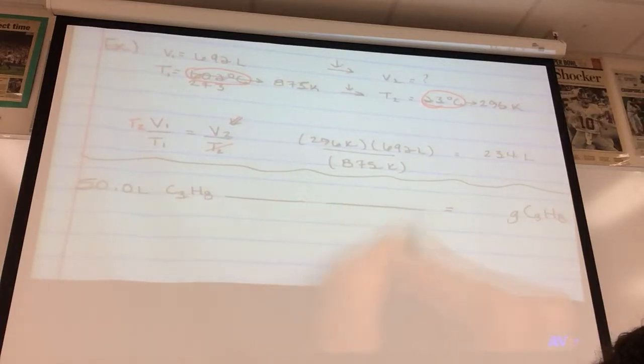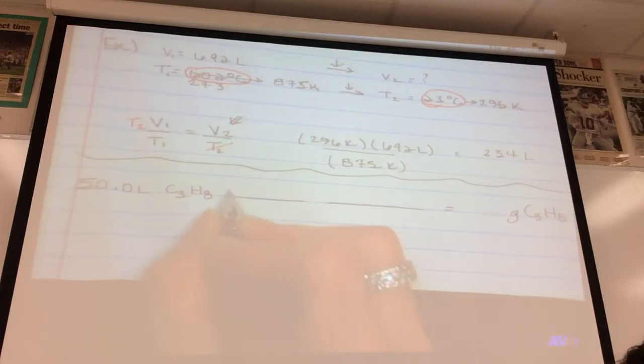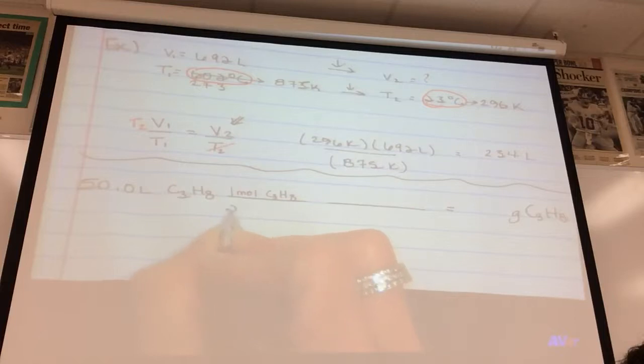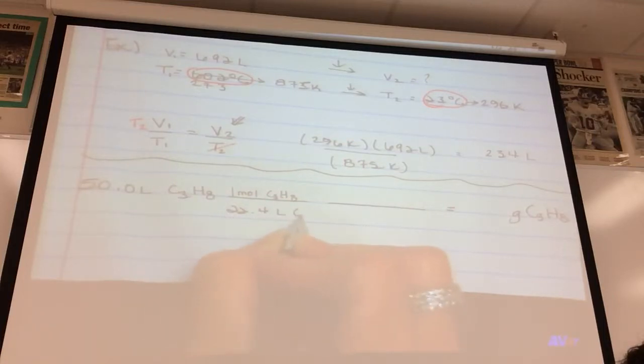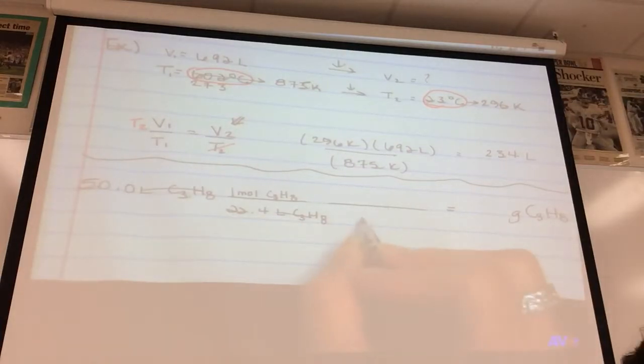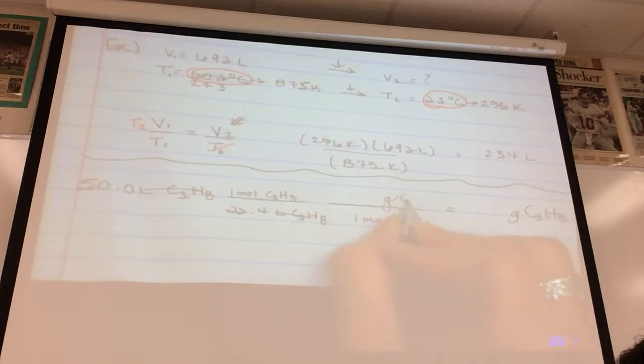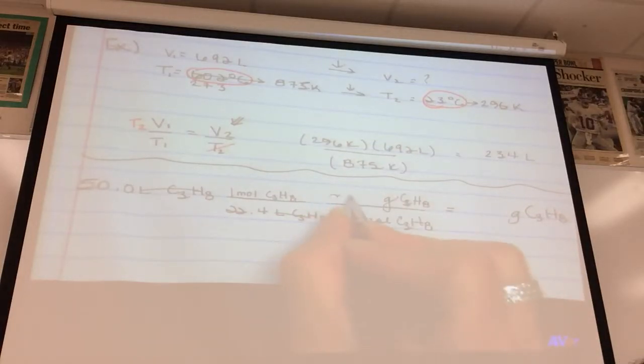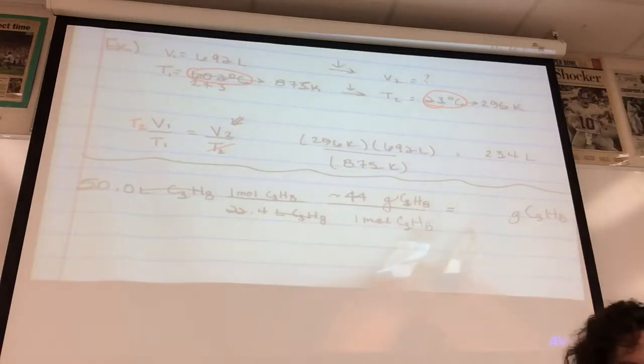How are you going to convert to moles? You put 1 mole of propane on the top and then 22.4 liters of propane on the bottom. And then 1 mole of propane on the bottom and then the molar mass of propane on the top. Well, this whole thing would be molar mass, but yes. 3 times 12 is 36, and 8 more, about 44 grams, close enough.